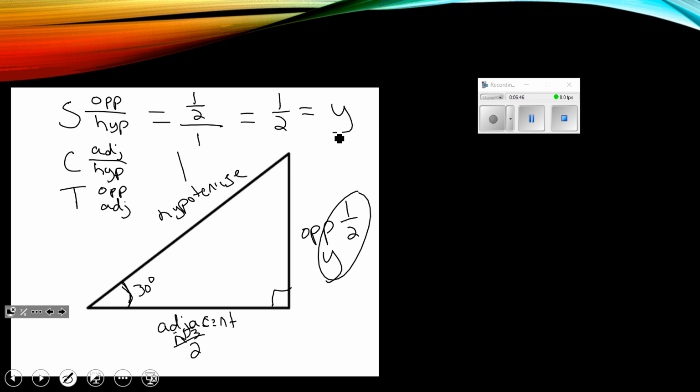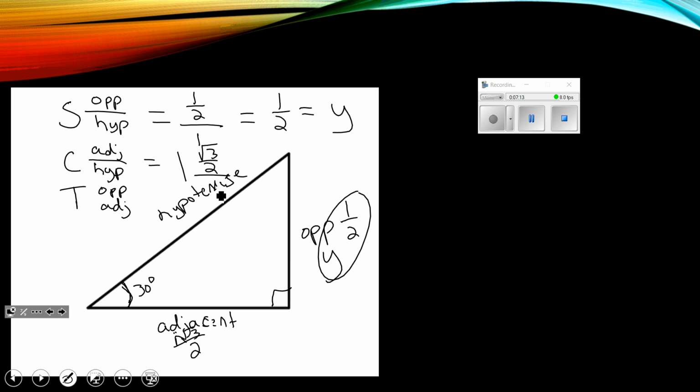Okay, good question. So cosine, you learned in geometry that it was the adjacent over the hypotenuse. Well, let's look at it here, and I just picked the 30-degree angle. I could have picked any angle on here, but I'm just showing you how it works. So the adjacent would be what? Square root of 3 over 2, and the hypotenuse is 1.